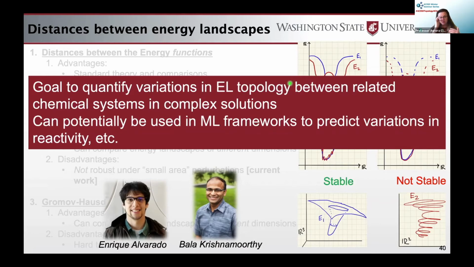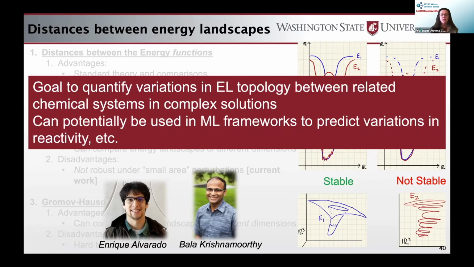The other thing that I think is really interesting, and vectorization was brought up previously, is that these descriptors, the barcode representations and vectorized representations, are very amenable to machine learning frameworks. And what we would like to get to in our future is using these descriptors and representations of energy landscapes to be able to predict variations in reactivity, and tune, for example, solution composition.